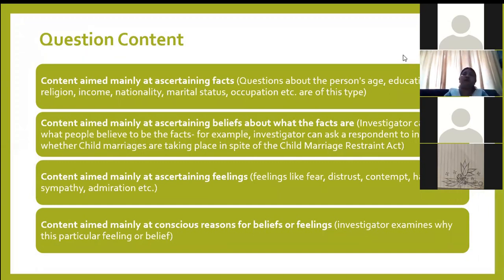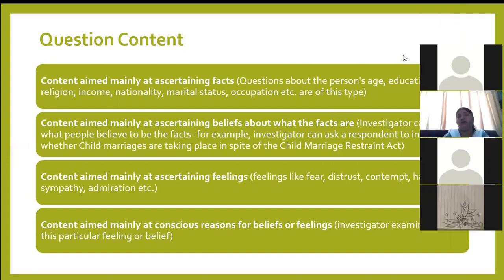So we can understand what is the major reason for the respondent's particular kind of belief or feeling. So the investigator examines why this particular feeling or belief is there, what is the reason for that. So questions may be of any of these types.